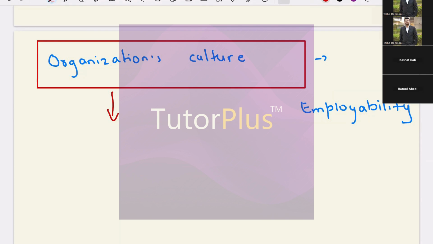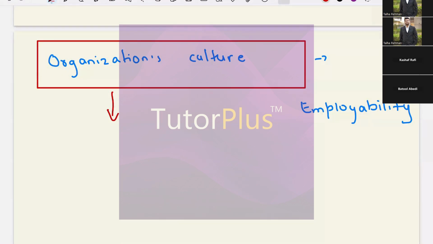They do not really consider the graduates of other universities unless those graduates have outperformed the graduates of IBA alumni in different organizations, and only then could they consider them.